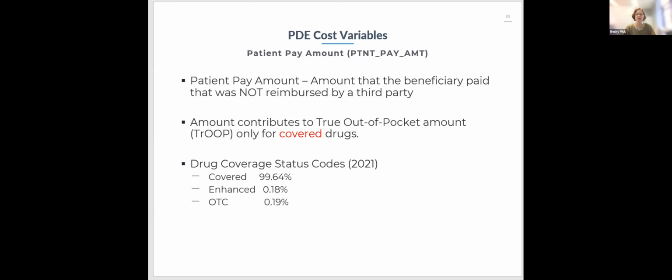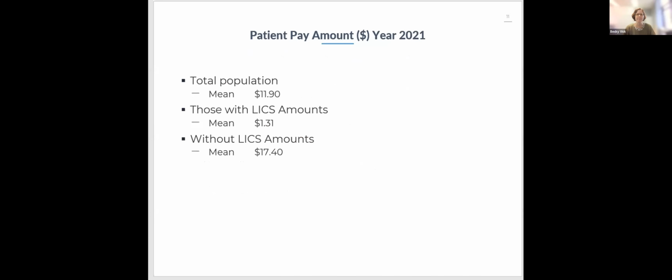Some plans will pay for over-the-counter drugs if they're part of an approved formulary step edit. Yes, some plans have enhanced benefits that are supported by higher premiums. So for 2021, the mean patient pay amount was $11.90.